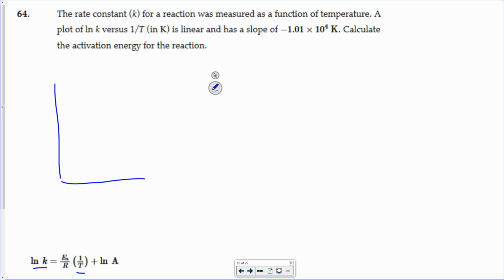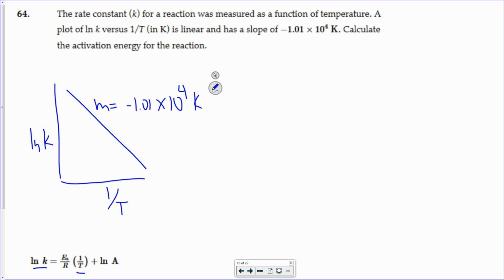So natural log of K versus 1 over the temperature in Kelvin. And it's got some line, and the slope with it is a negative 0.101 times 10 to the 4th K. So we want to know what is the activation energy.